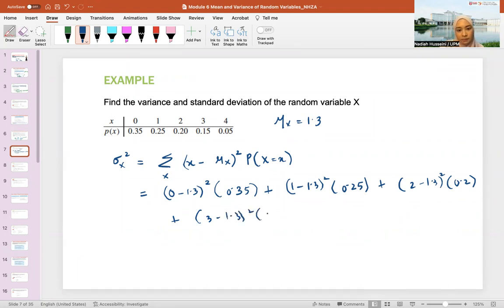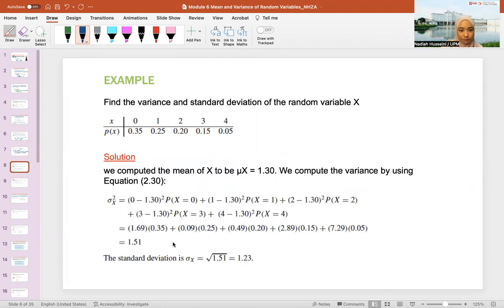Squared, 0.15, plus 4 minus 1.3 squared, 0.05. Okay, so hopefully this is the right way of writing it.